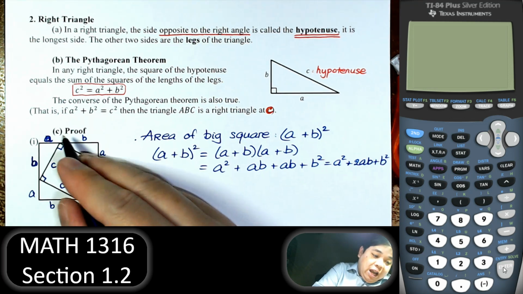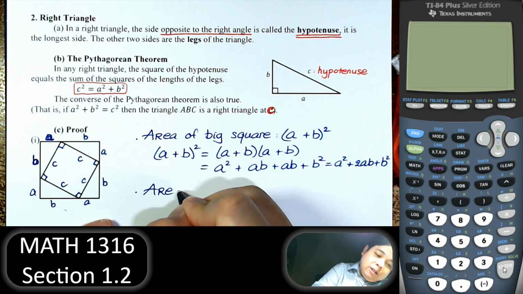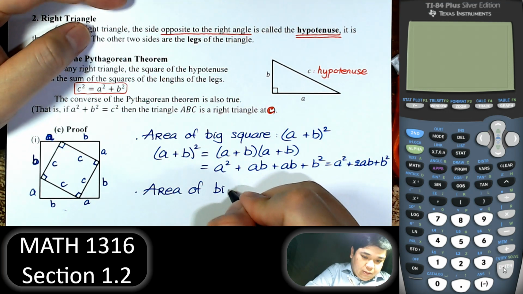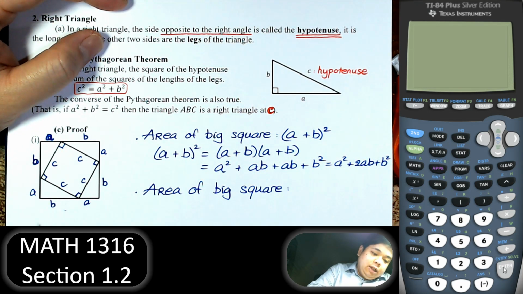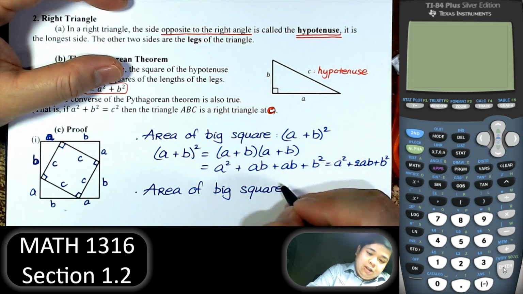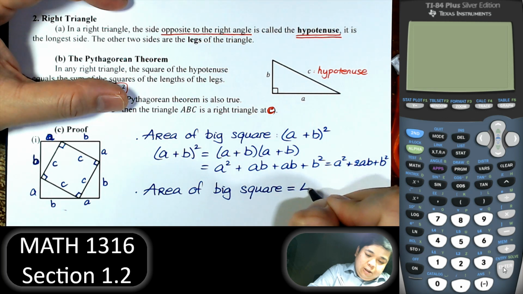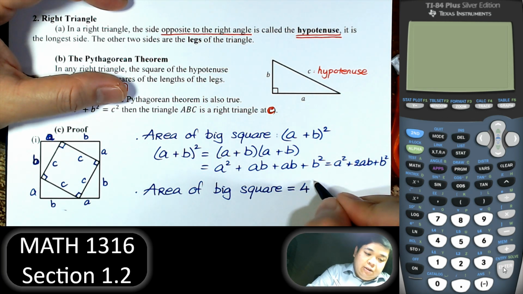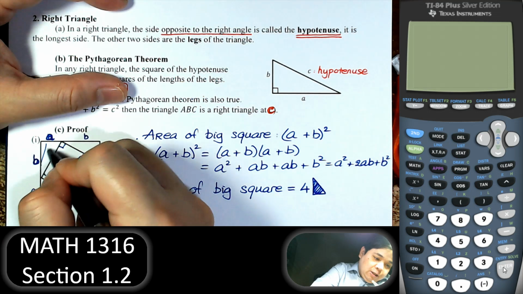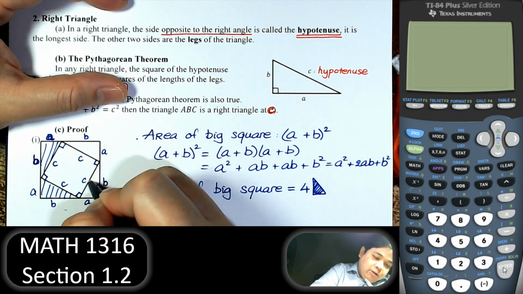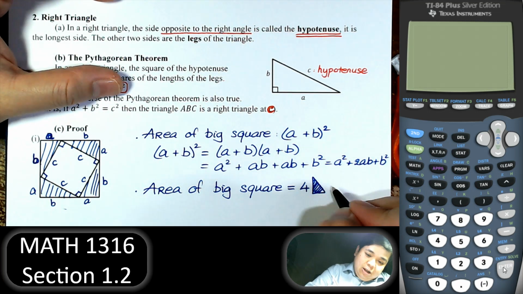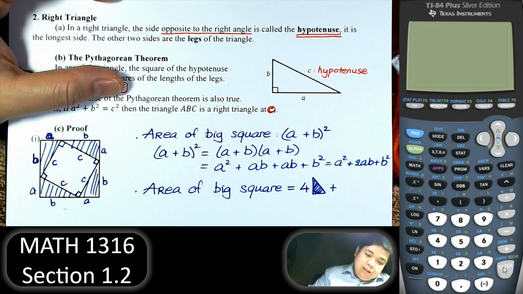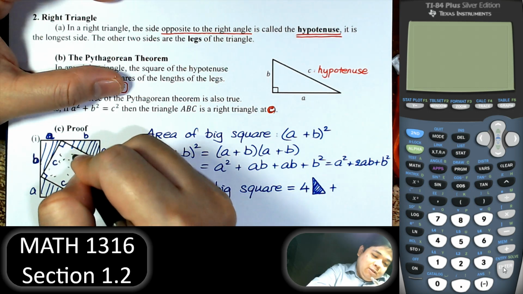Another way to find the area of the big square is equal to 4 times the area of the triangle, and then plus the area of the little square.